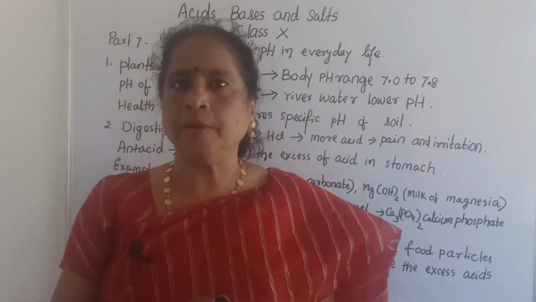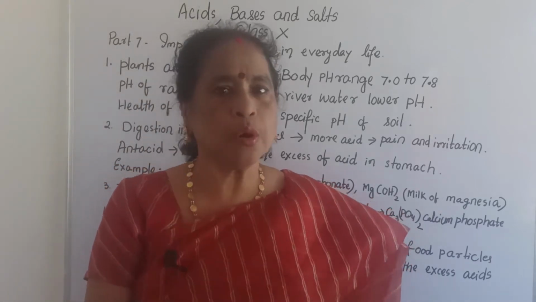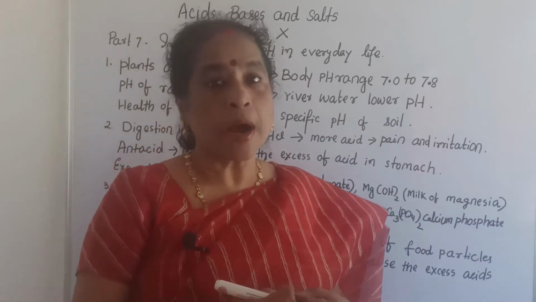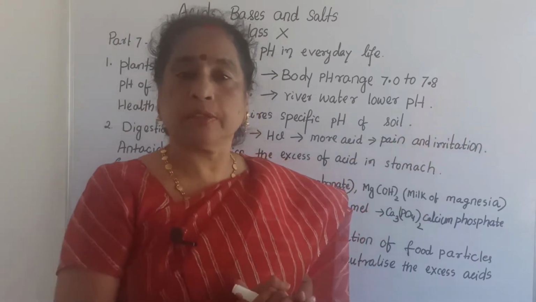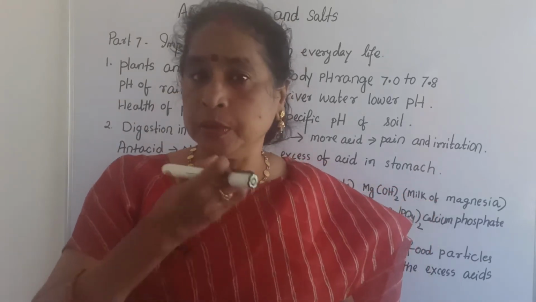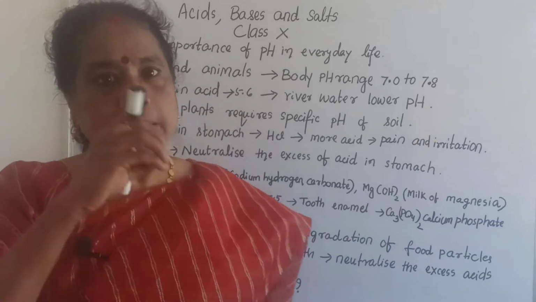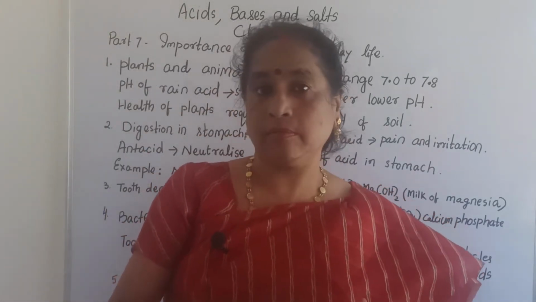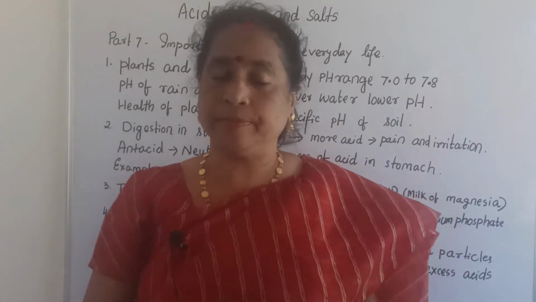But sometimes the hydrochloric acid is produced more and more. If it is produced in excess, then one can feel pain and irritation in the stomach. Then what to do? That excess of acid should be neutralized. How can you neutralize that excess of acid?